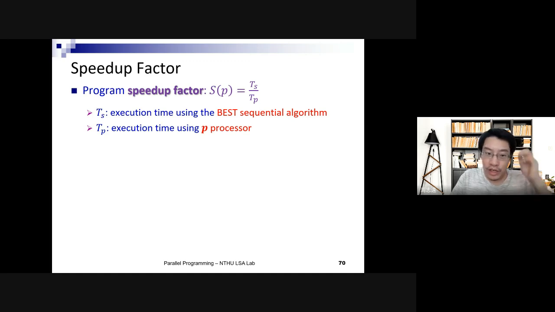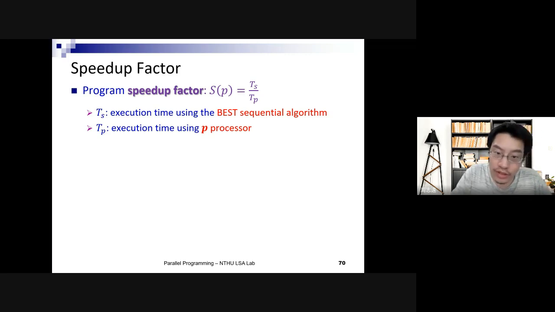So of course, usually the time run in parallel should be faster, so this factor should be larger than 1. But of course, it's not necessarily so, because in the real world, anything could happen. Sometimes using more computing power or higher parallelism doesn't reduce the computation time at all. It could happen as well.